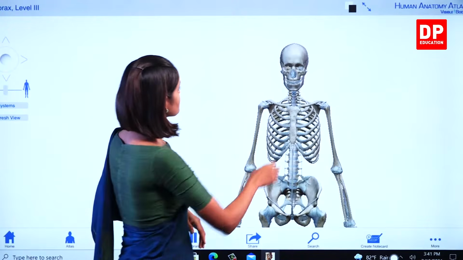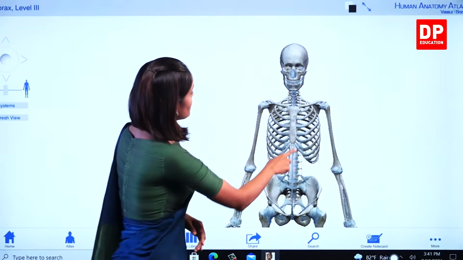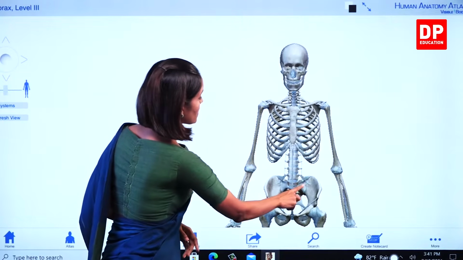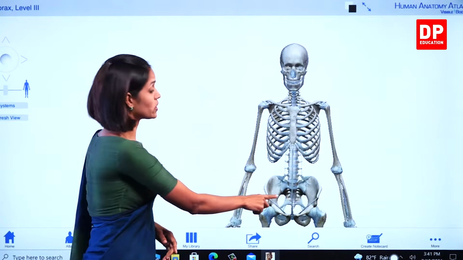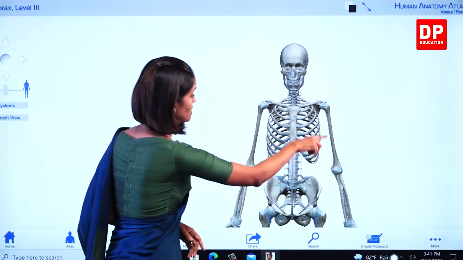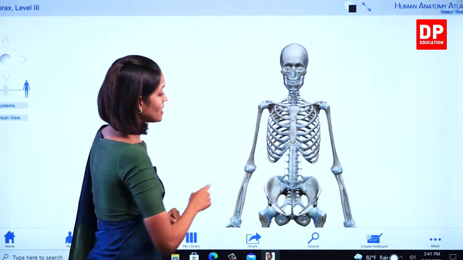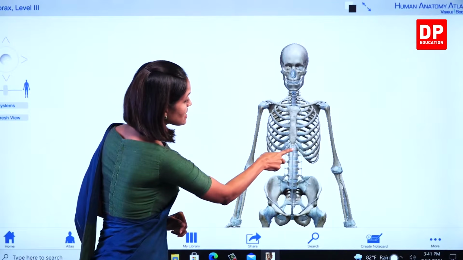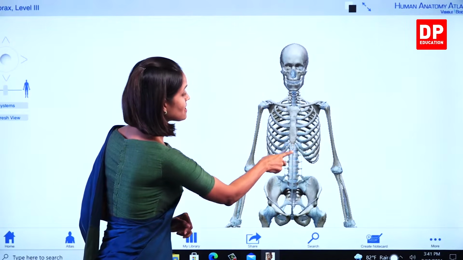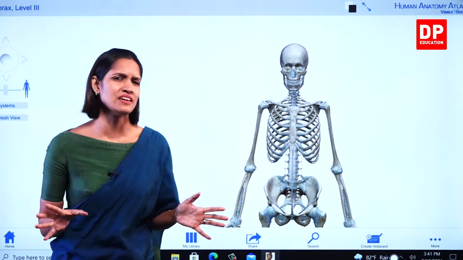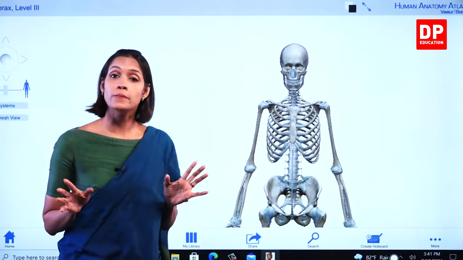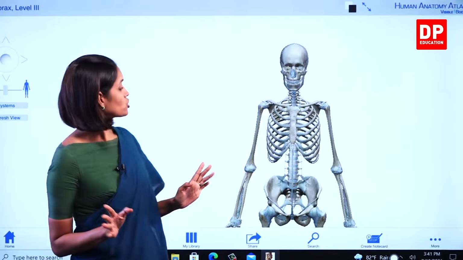See, this is the skull. And this is the rib cage. And this is the pelvic girdle or the hip bone. You can see the arms and the joints. And as I told you, this is the central line of bones. What is the name I told you? That is the backbone or the vertebral column.